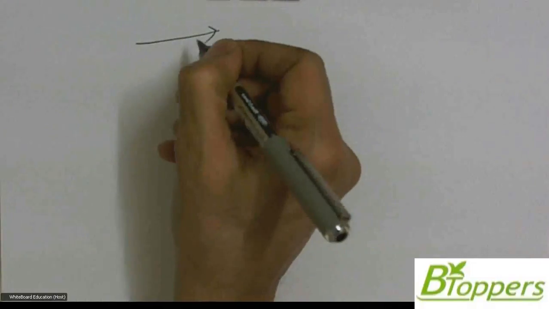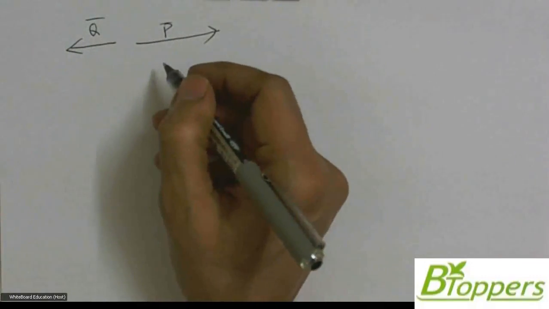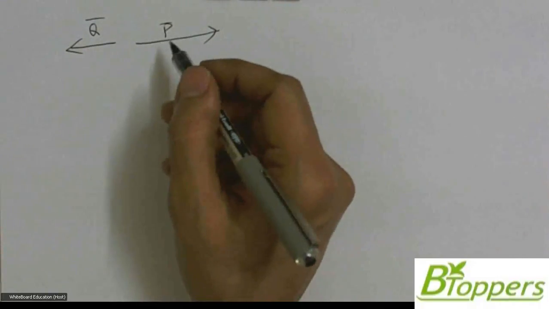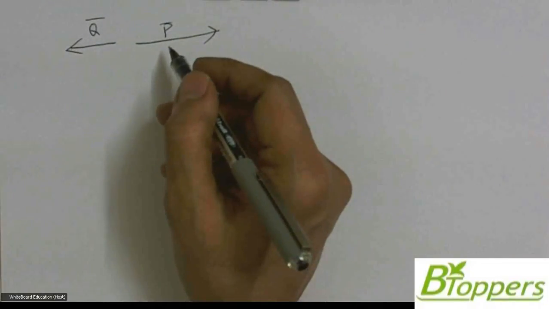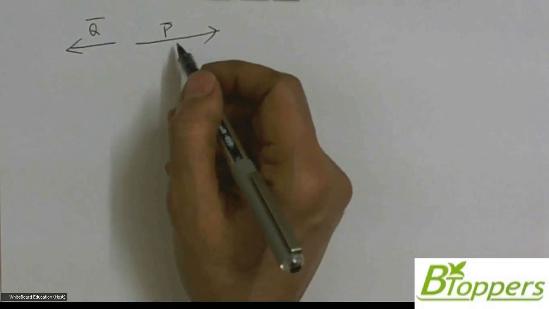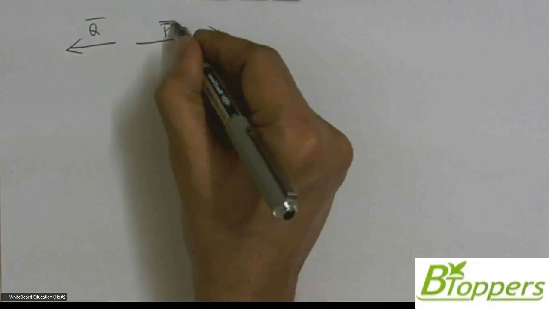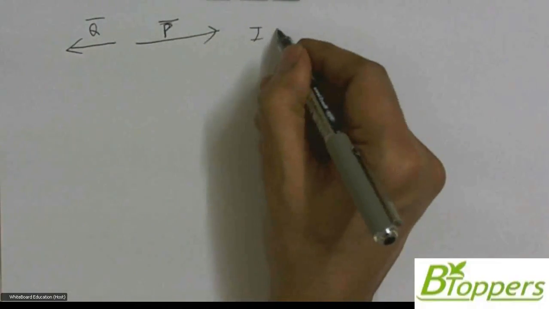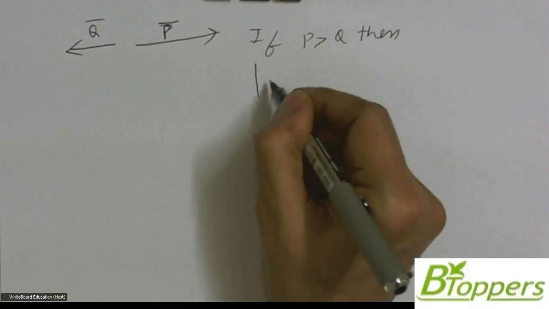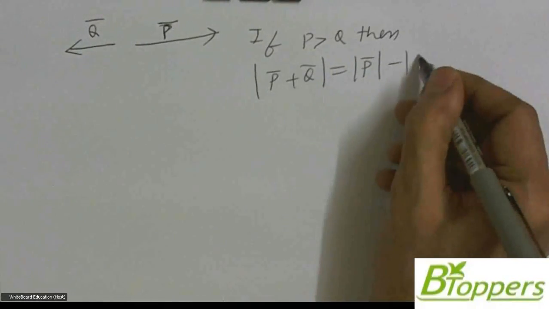In general, when two vectors P bar and Q bar act in the opposite directions, then the magnitude of their vector sum or resultant will be equal to the ordinary difference of their magnitudes.